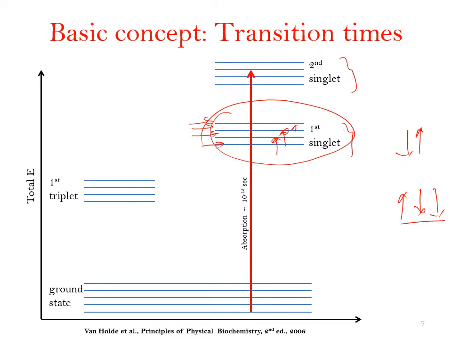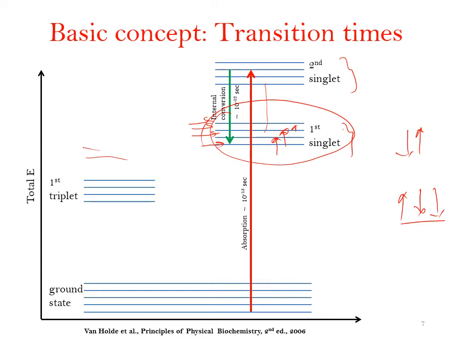The other process is called internal conversion. Internal conversion is the process in which an electron crosses over to another electronic state of the same spin multiplicity. That means singlet to a singlet, or triplet to another triplet. So systems excited to a higher energy vibrational and rotational state also lose their extra energy as heat.